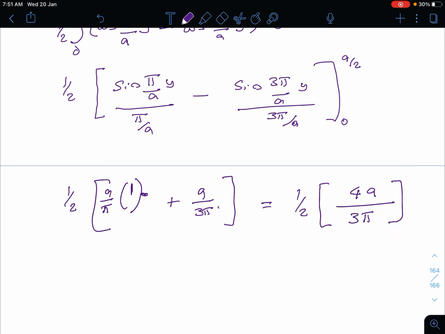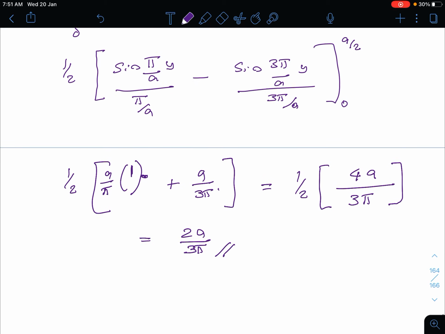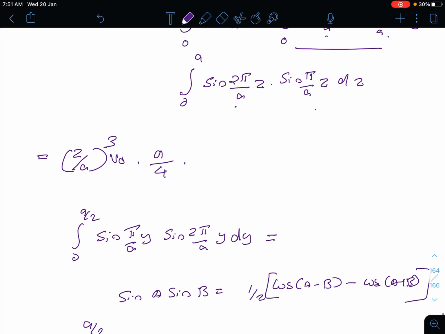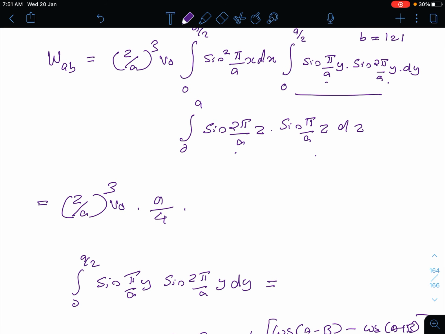This is correct. 3a plus a, that's 4a. So 2a by 3 pi. That's 2a by 3 pi. Let's keep it there. Now, what about the last term?